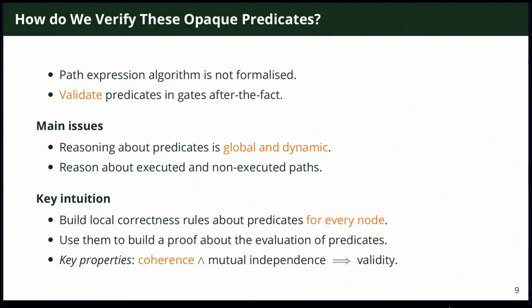We use these local correctness rules to slowly build up a proof about the evaluation of the predicates. Essentially we have two local correctness properties that should imply this global validity property about the execution of those predicates.